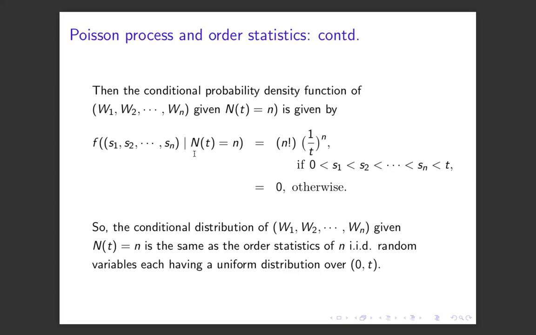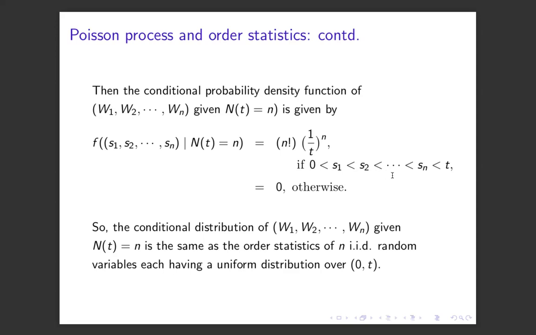Of course, if you are also given the information that exactly n arrivals or n events have taken place in the interval 0 to t, together with the fact that all these Wi's are strictly increasing, we know that this n-dimensional random variable will have to take value in this set with probability 1.